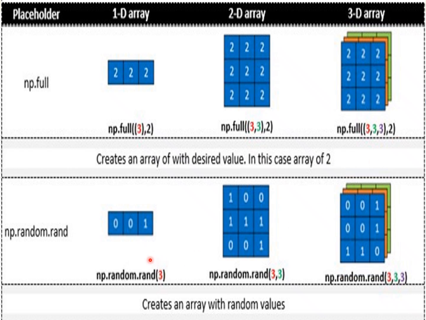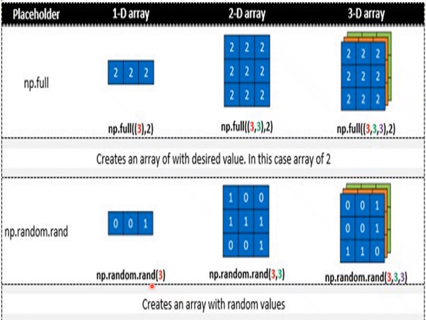Now np.rand. In the case of one dimension, you give it like this. If it is two-dimensional, you give it like this, 3, 3. And if you give 3 comma 3 comma 3, that is 3 frames, 3 rows, 3 columns, random values will be filled. If you use random, the values will not be only binary, zeros and ones; it can take different values.